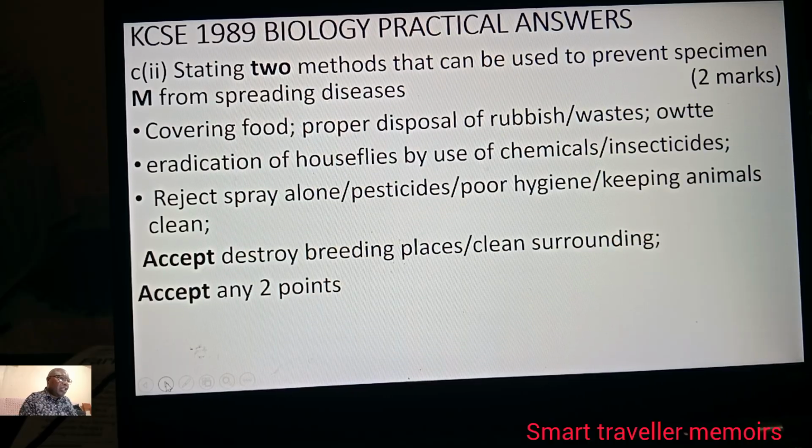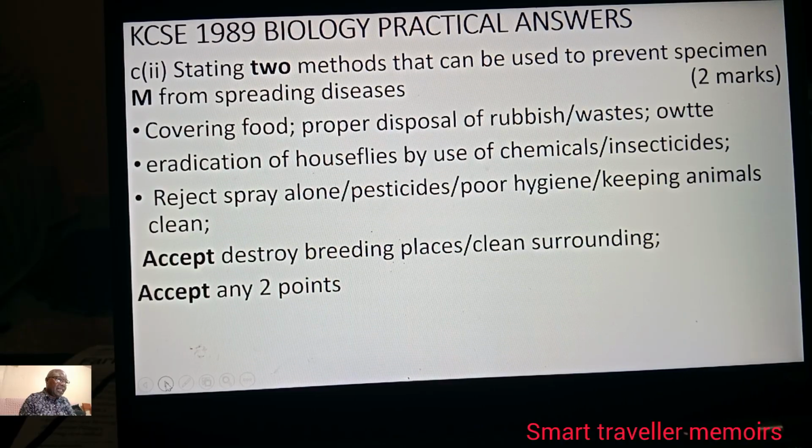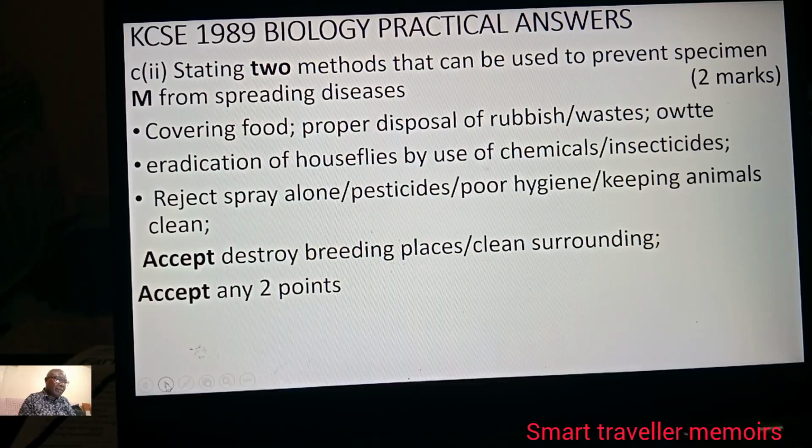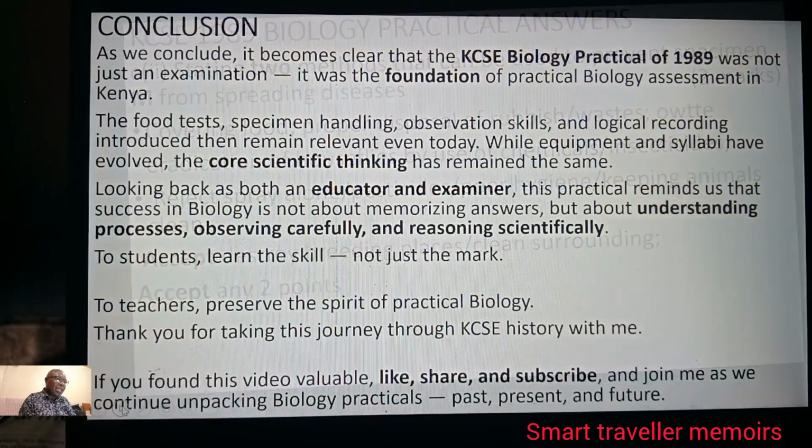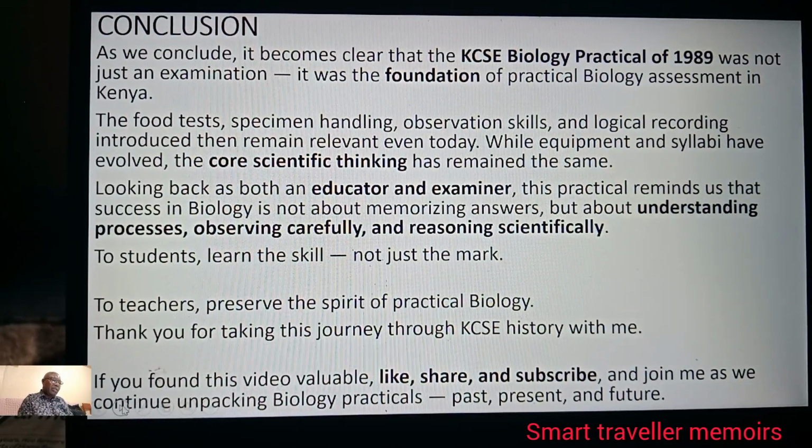Eradication of houseflies by use of chemicals or insecticides. Reject spray alone or pesticides, poor hygiene or keeping animals clean. Accept destroy breeding places and clean surroundings. Accept any 2 points to earn your 2 marks.